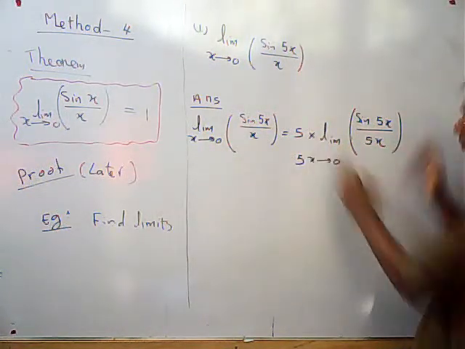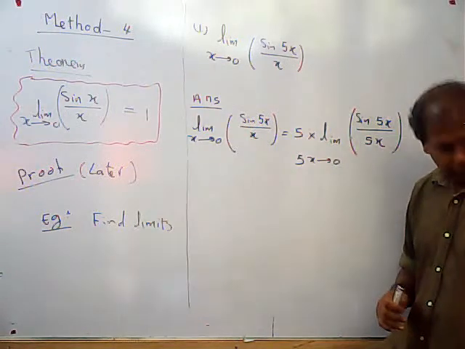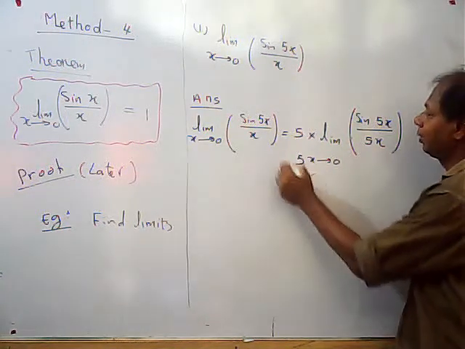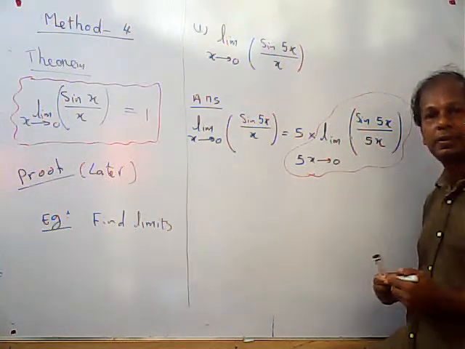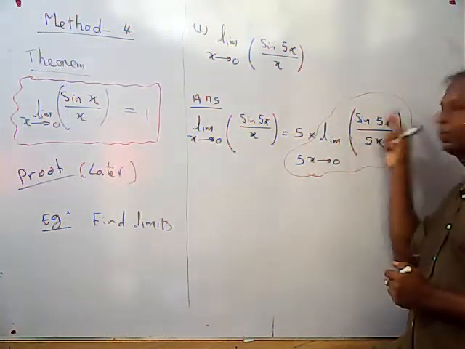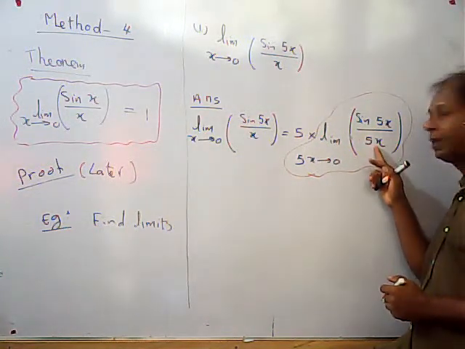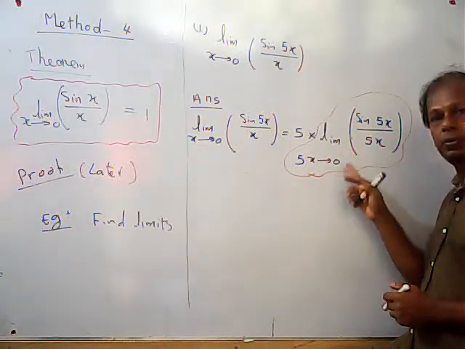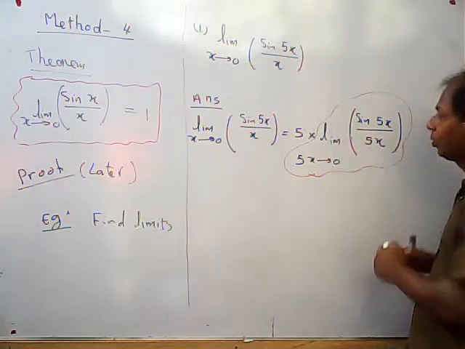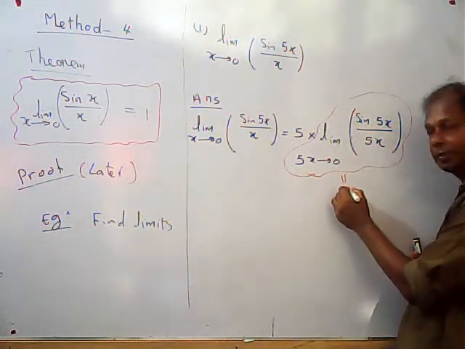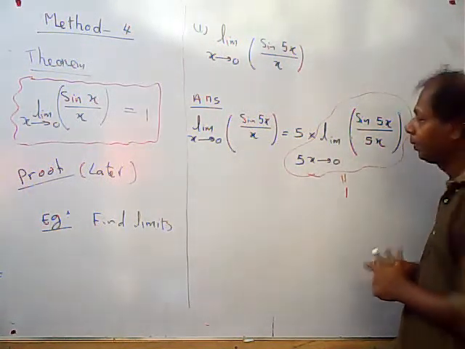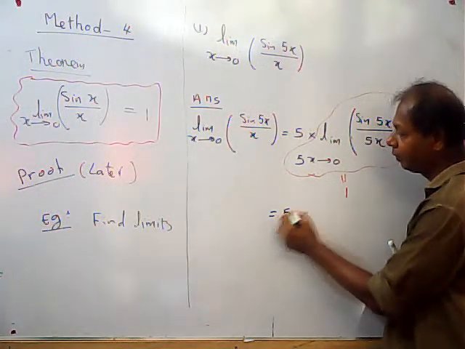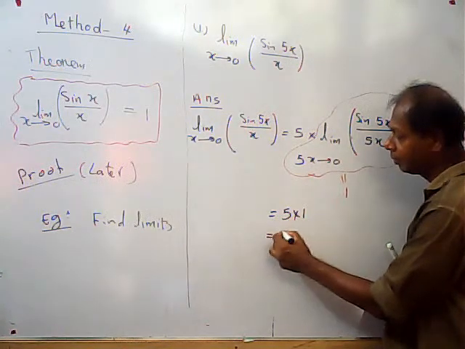Now look at this. Now we have everything nicely matching the theorem. Sine of one angle, divided by the same angle, and that angle goes to 0. So by the theorem, we get 1. So finally we have 5 times 1, which is 5.